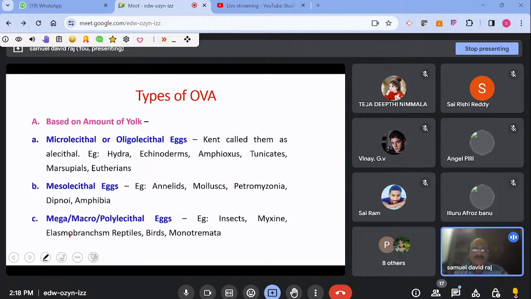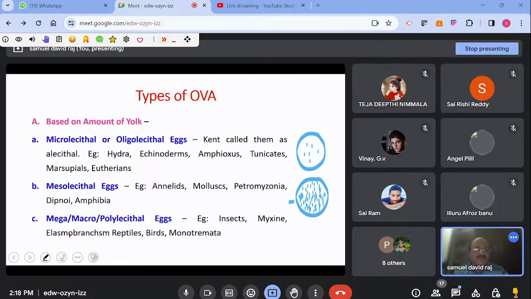One is microlecithal, where the yolk is very little. Mesolecithal, where the yolk is moderate, most of which is present in the vegetal pole and some in the animal pole.